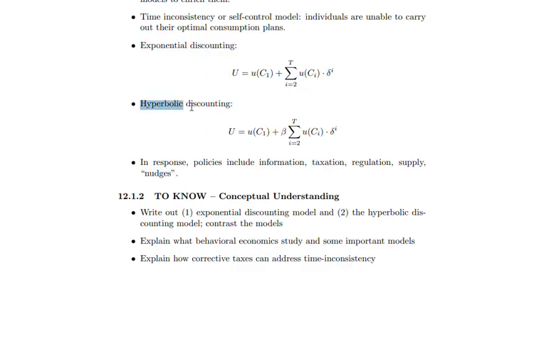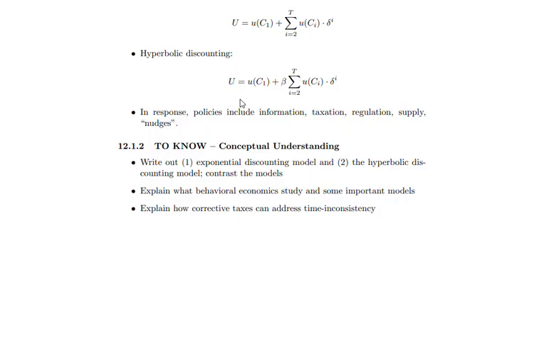The hyperbolic discounting is closer to our daily life. The utility equals your utility C1 right now, and the same as before, but plus the beta. What is beta?